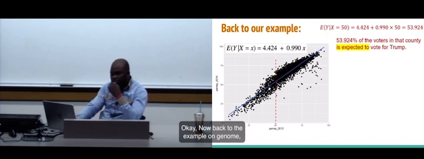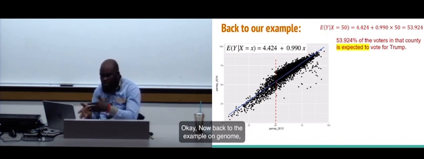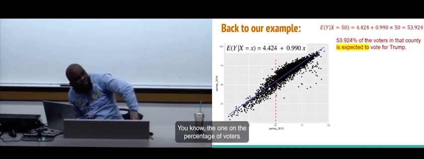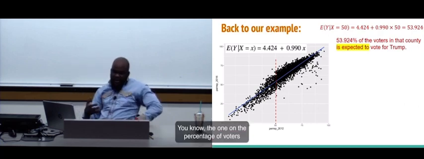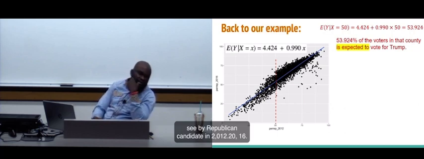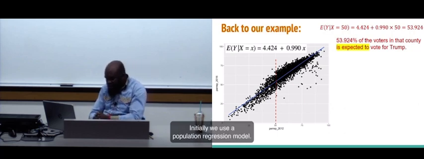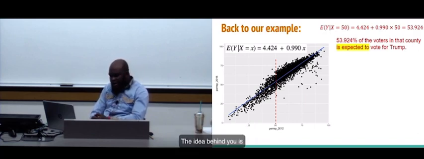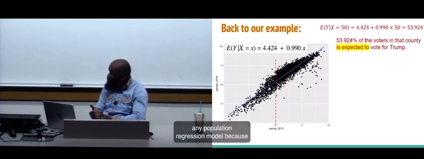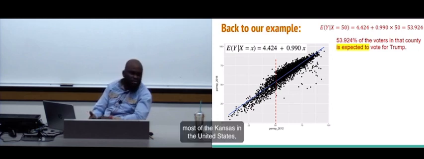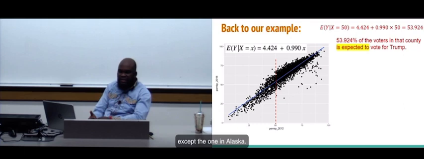Now, back to the example on the distribution, the one on the percentage of votes received by Republican candidates in 2012 and 2016. Initially, we used a population regression model, because we actually investigated most of the counties in the United States, except the ones in Alaska.